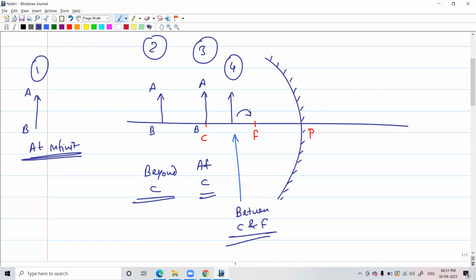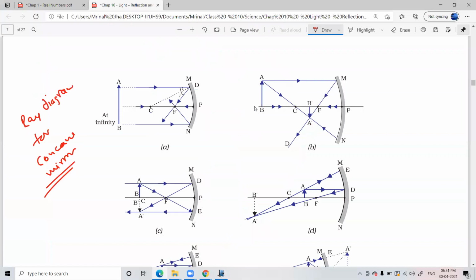Of course, at the focus, yes. You can look at the figure also. So this was between C and F.